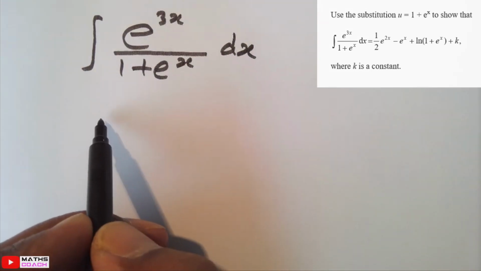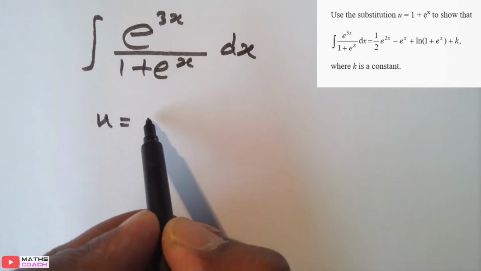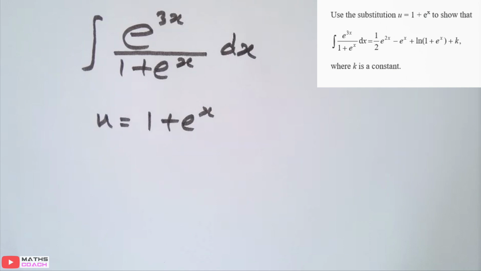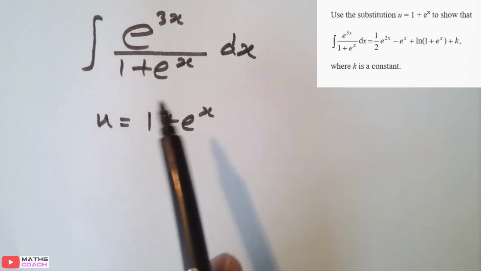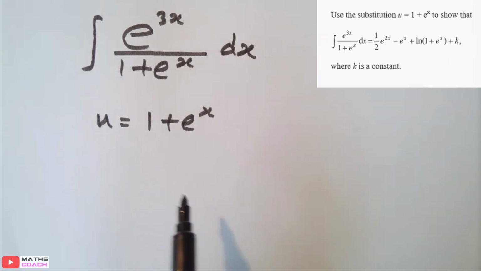Our substitution is u equals 1 plus e to the x. Don't get too worried about the right hand side now. Ignore it. Let's deal with the question, and in time we will prove it.